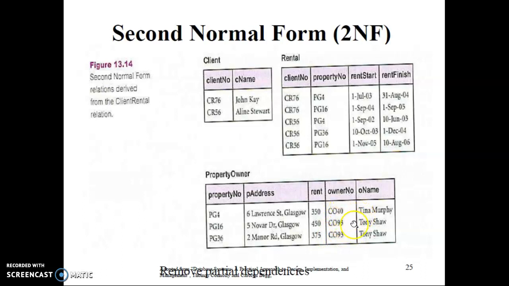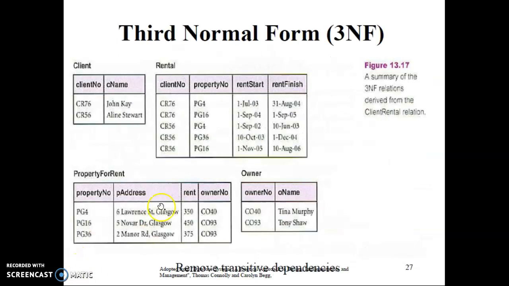So how to remove this transitive dependency from this table? We have to divide this table. We have to decompose this property owner table into two separate tables called property for rent and owner. That means two separate tables we made. And we name the first table property for rent, and the other table owner.